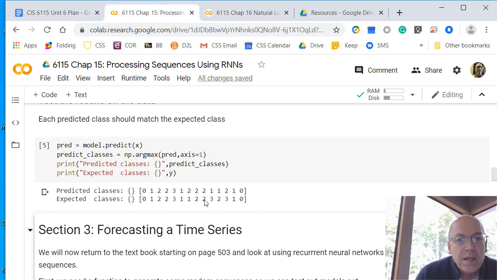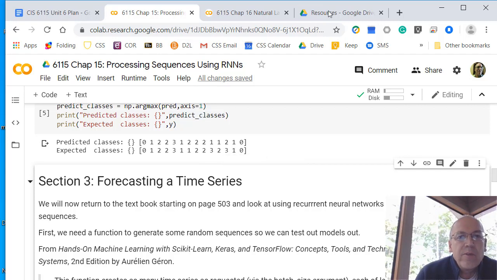So we expected the last car to be like 0 or 1 or 2, and in most cases it did correctly. There are a couple places that it does goof up here. But this is just a way of classifying time sequences and feeding them into the network.